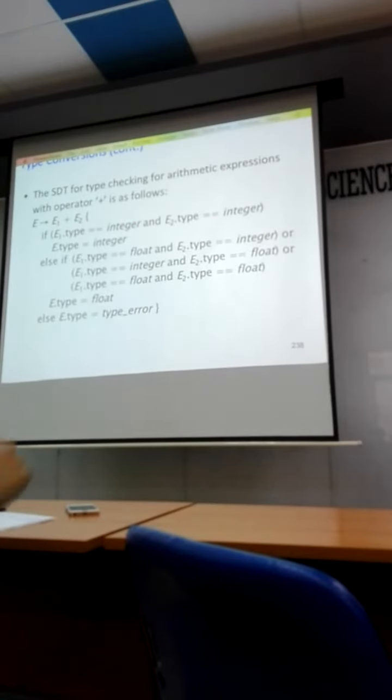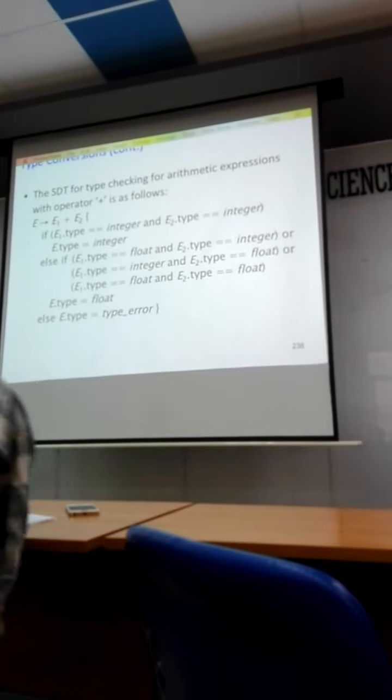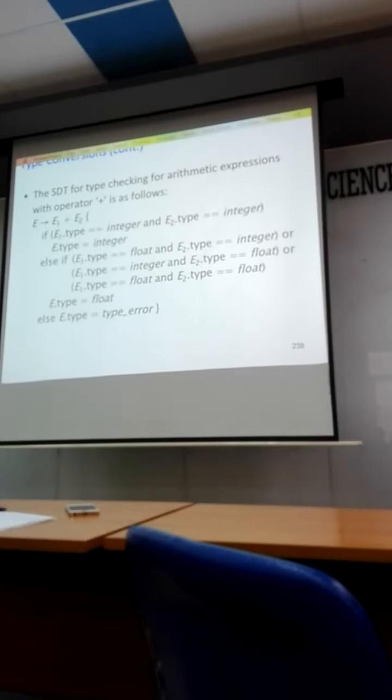If the type of operand is integer, then the type of the entire expression is integer. Otherwise, if the type of at least one operand in this expression is float, then the type of the entire expression is float.